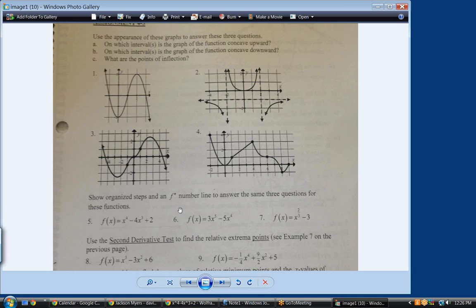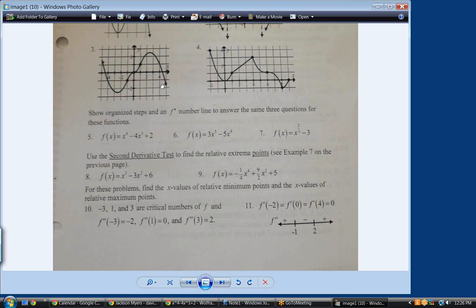So, okay, 3 is actually a little more complicated, or 4. 3 is concave up from there to that inflection point. Concave down from there to that inflection point. Concave up from there to that inflection point. Concave down the rest of the way. If you understand that, then you understand concavity.